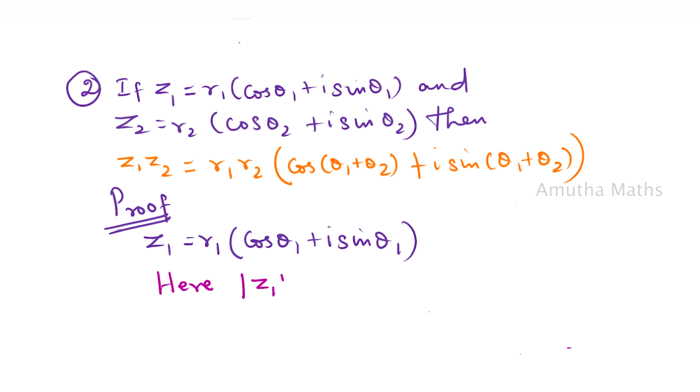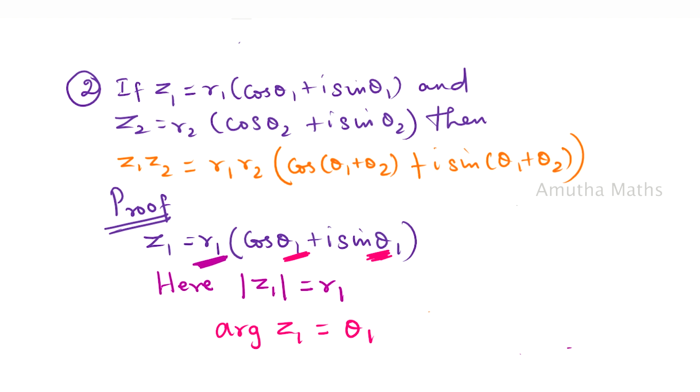R1 is the modulus of Z1, and theta 1 is the argument of Z1, the angle of this complex number.